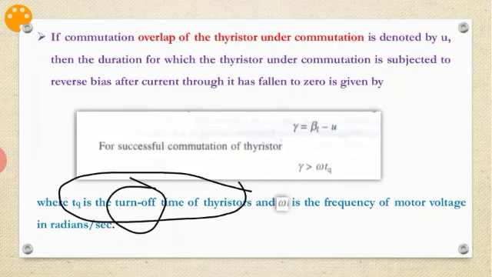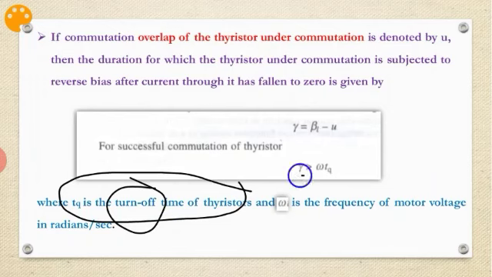We have to allow a few microseconds so that it is turned off completely. Before the SCR has turned off, if you give a signal to the other, it will not turn off completely; instead of turning off, it will go into conduction. So we have to apply a minimum time, called TQ. It is required, the turn off time of the thyristor.